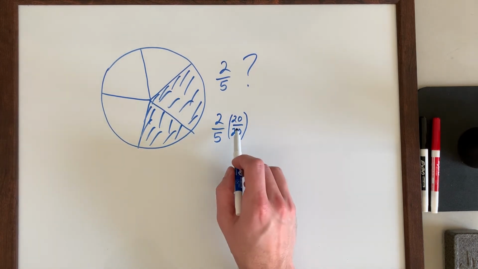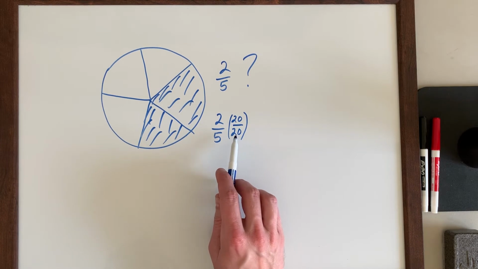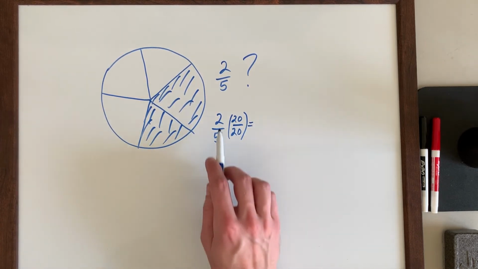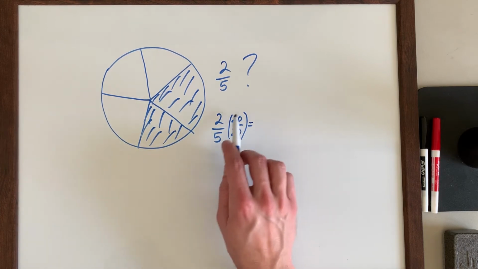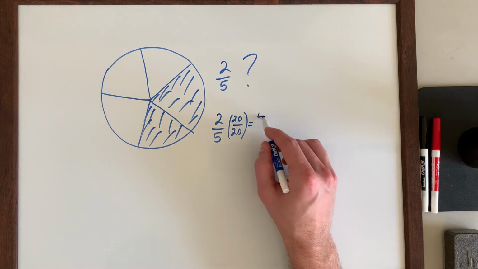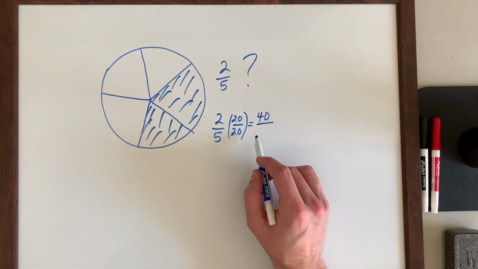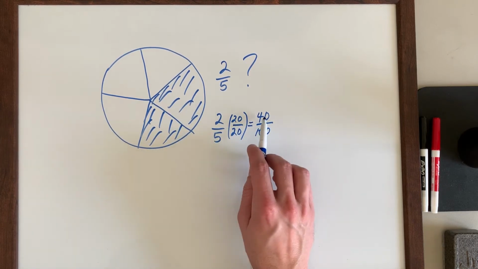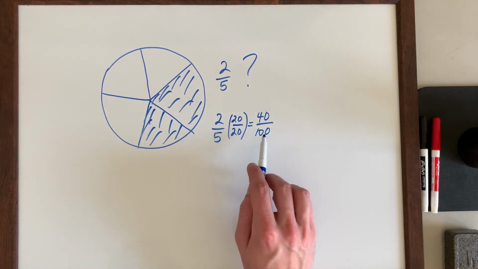I call these special ones here because they have a value of 1, but they don't look like ones, but they have a numerical value of 1. So if I multiply 2/5 by 1, I'm still going to get a fraction that has a value of 2/5, even though the numbers will be different. 2 times 20 is 40. 5 times 20 is 100.